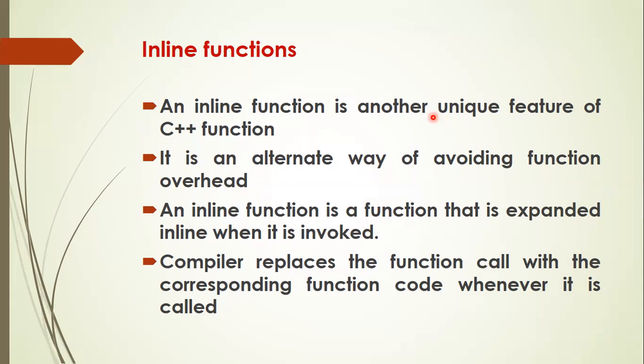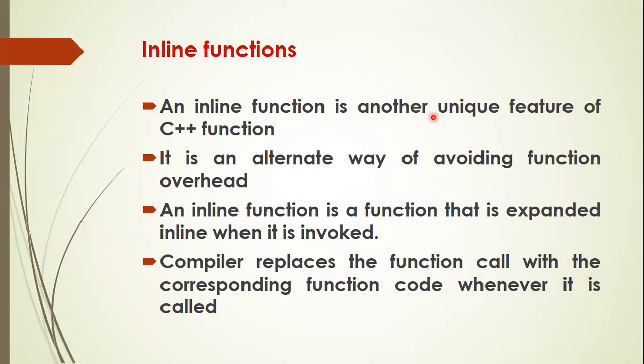Instead, the content of the root function will be copied into your calling function. So instead of control leaving the calling function and jumping to the called function, the called function's code comes into your main function. The compiler replaces the function call: wherever you call the corresponding function, the compiler replaces that place with the code associated with that function.